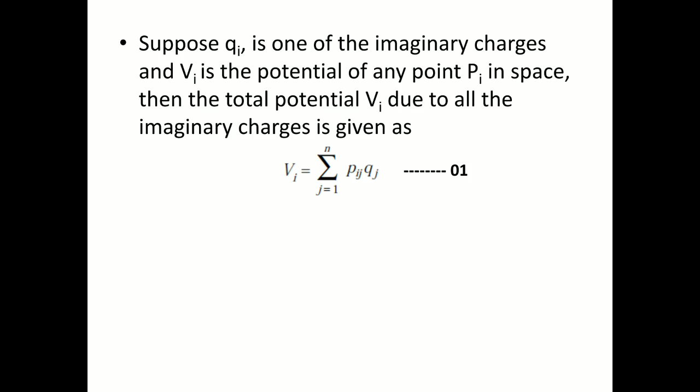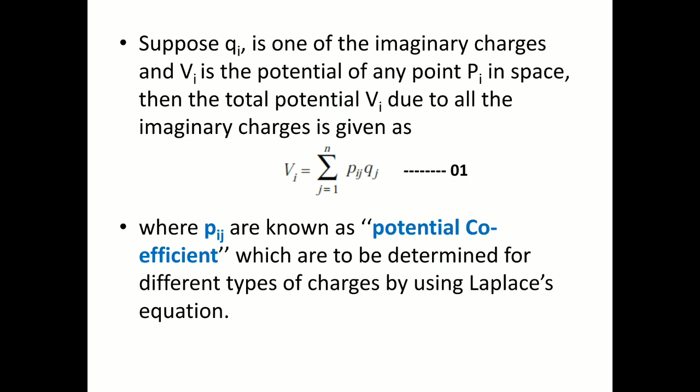So Vi indicates the net value of electric potential at the point of interest Pi, which is nothing but the summation of j varying from 1 to n. So here j indicates the number of imaginary charges starting with 1 up to small n. Pij indicates the potential coefficient with respect to imaginary charge j and our point of interest Pi. So the same thing is mentioned over here.